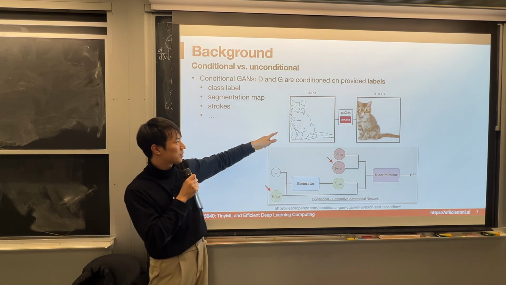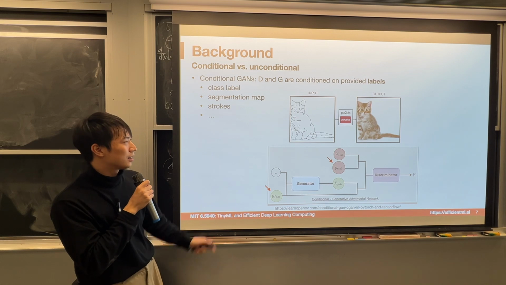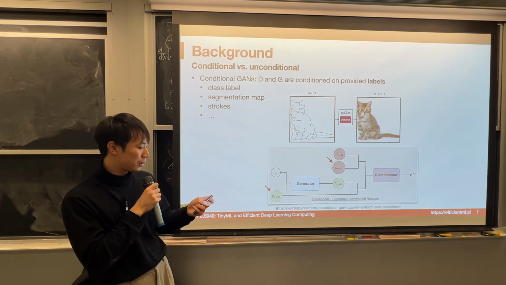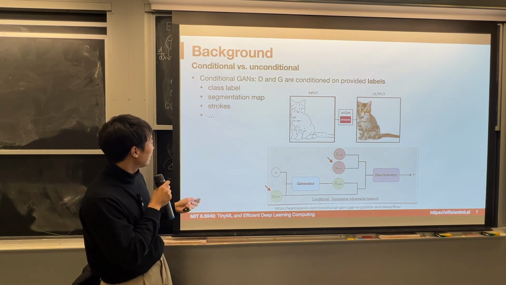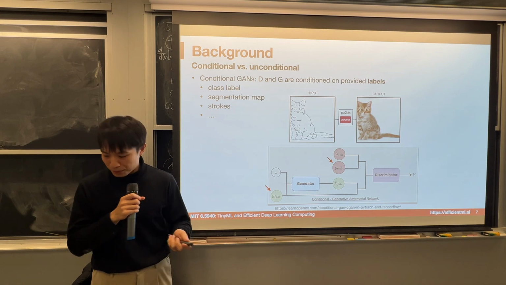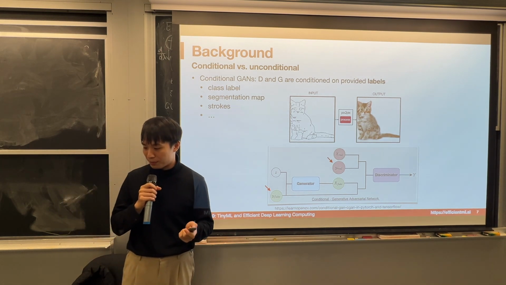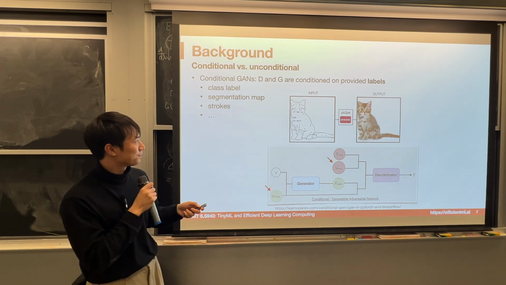For example, here is a stroke-to-image synthesis example. Basically, the model is provided strokes drawn by a human, and it is trained to generate an image that matches the stroke. Conditional GANs are more popular nowadays because they can be used to do useful tasks, for example, image generation from user input.